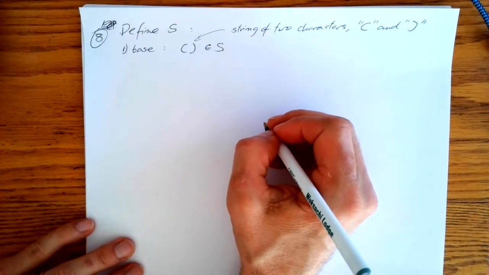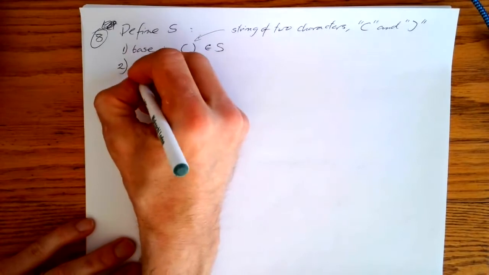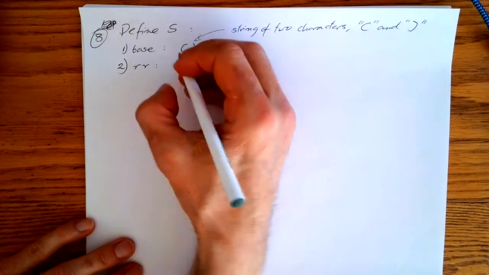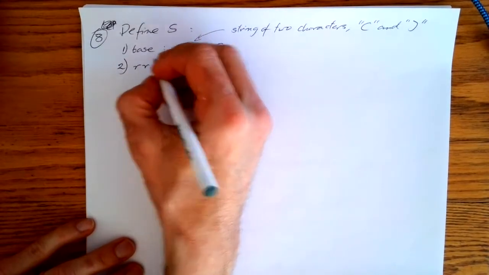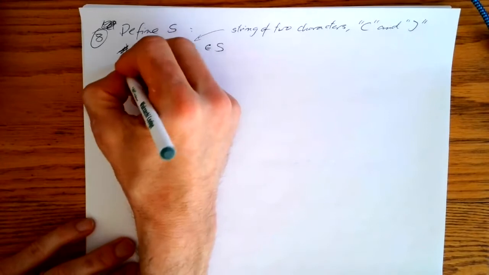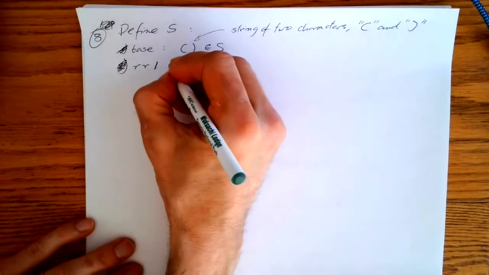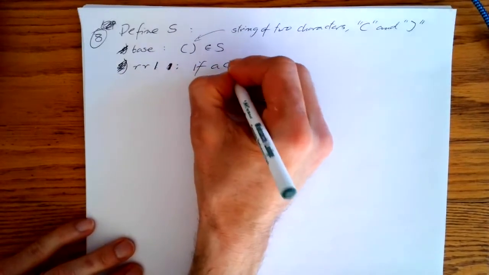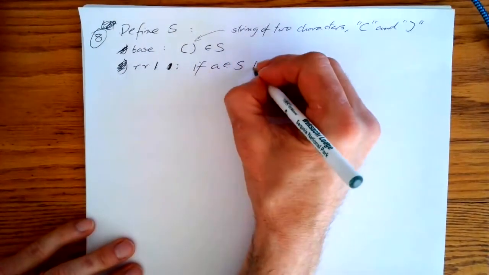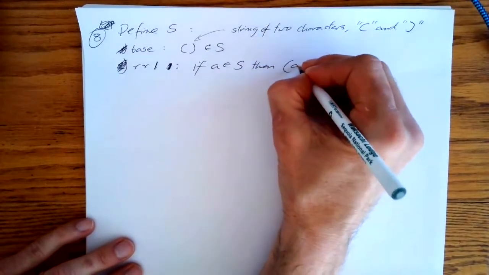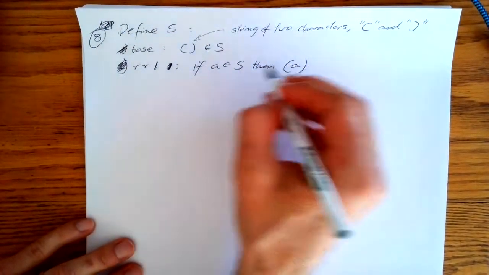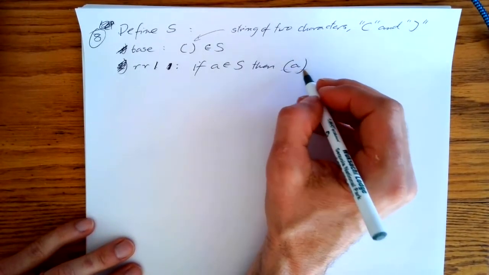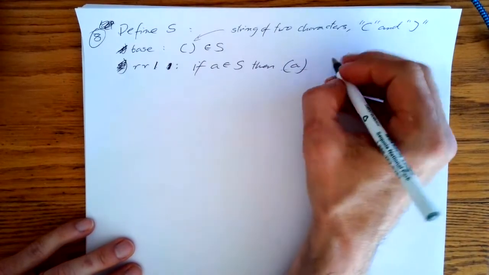The recursive rule will be, there will be 2 recursive rules. Recursive rule number 1 will be that if some string is in the set S, then so is this string, whatever string that was, but prepended with an open bracket and postfixed by the closed bracket.